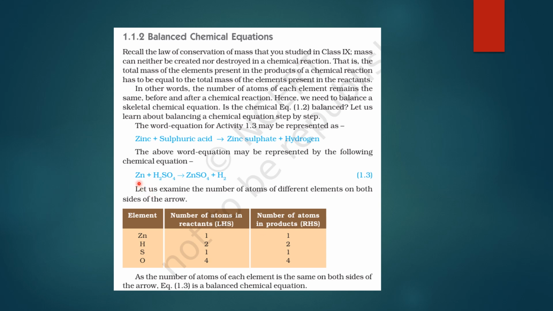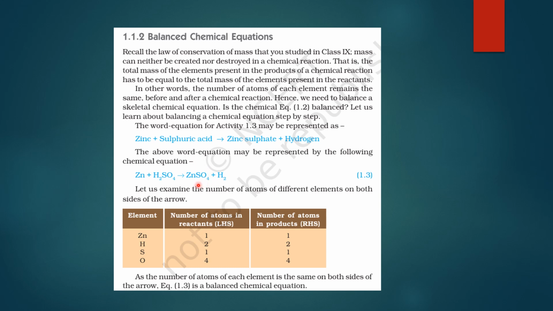So we see here one Zn atom is there. On the right hand side also one Zn atom is there. So we fill that one. Similarly, if we see for hydrogen, two hydrogen atoms are there on LHS and similarly two hydrogen atoms are there on the RHS. So we fill two here and two here. Next we see sulfur. Here only one sulfur atom is there.